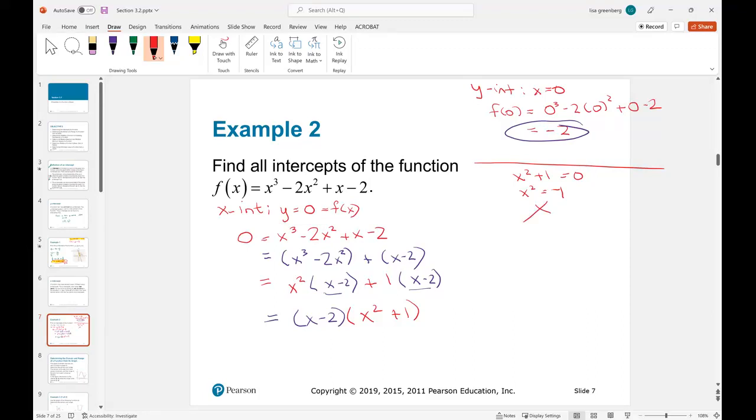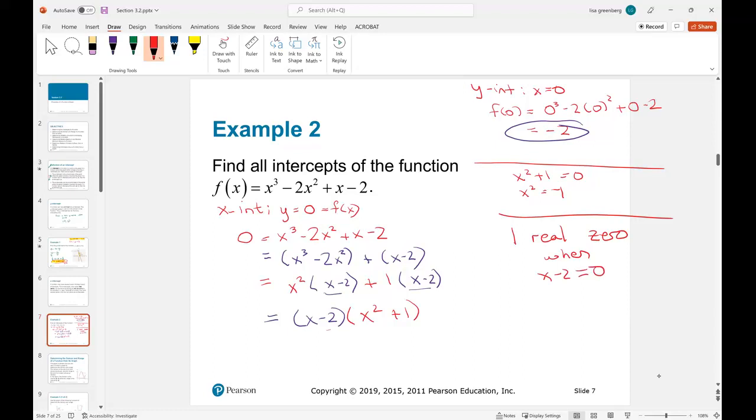Okay, so that means I only have one real 0. I have one real 0 when x minus 2 equals 0.